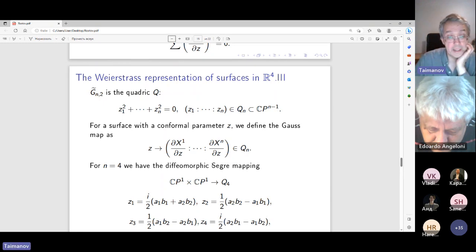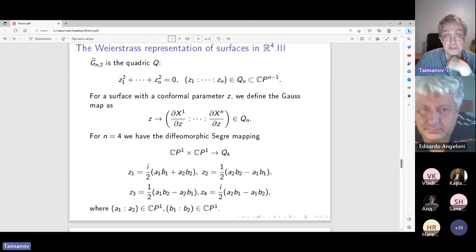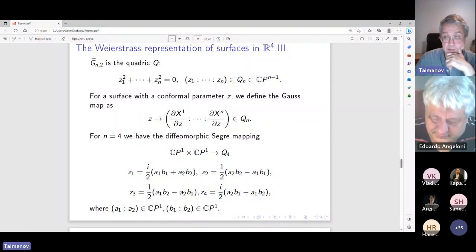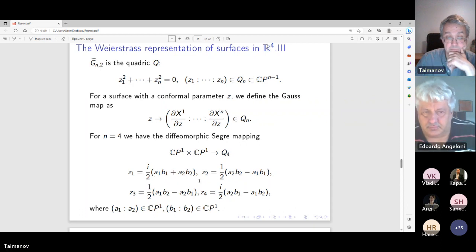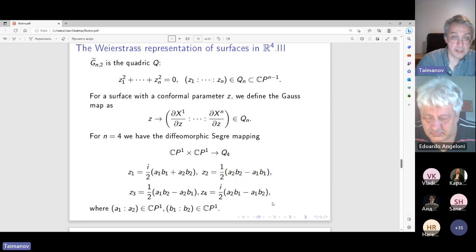Now for n equal 4, what is this quadric, z1 squared plus z2 squared plus z3 squared plus z4 squared? This is nothing else but the product of two complex projective lines, CP1 times CP1. This diffeomorphism is given by the Segre mapping, which takes Z1, Z2, Z3, Z4 to products of coordinates.